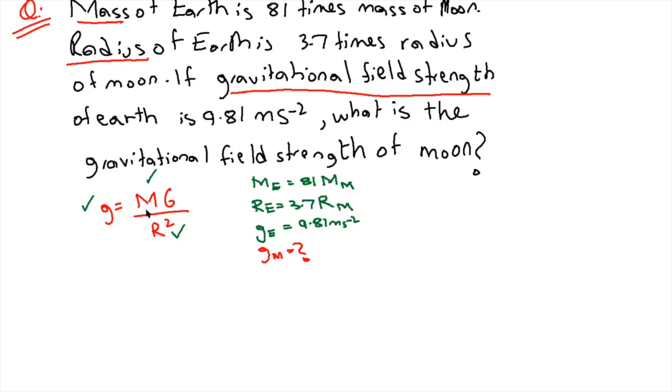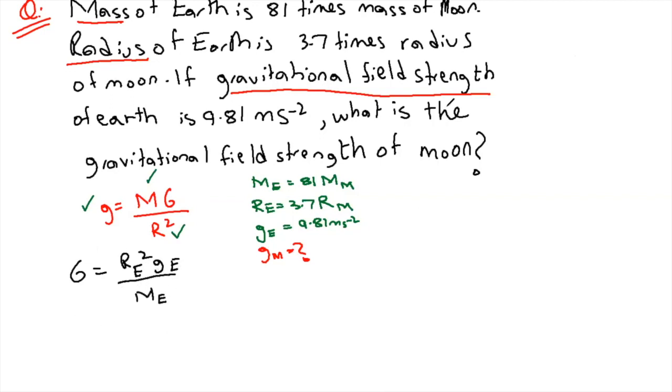Let's take G as our common. The first formula is going to be for Earth. g equals GM over R squared, so R squared goes down. Let's say RE squared and gE, and M goes up, ME.